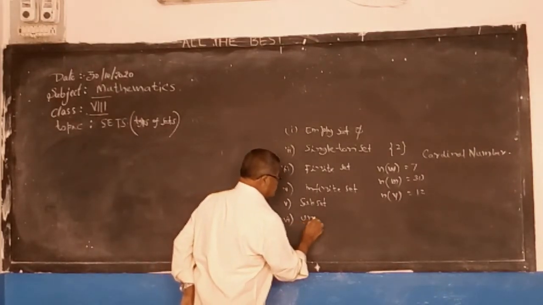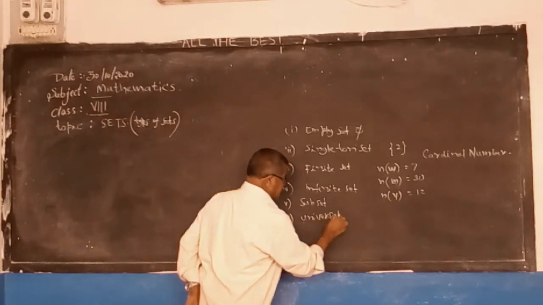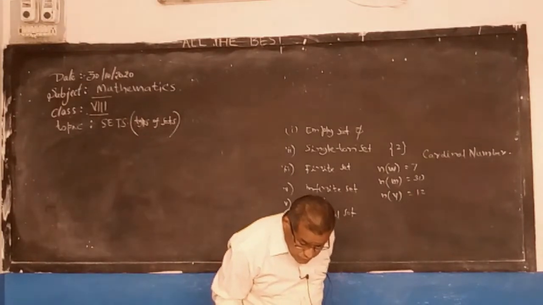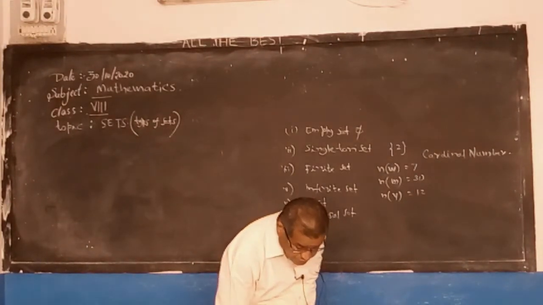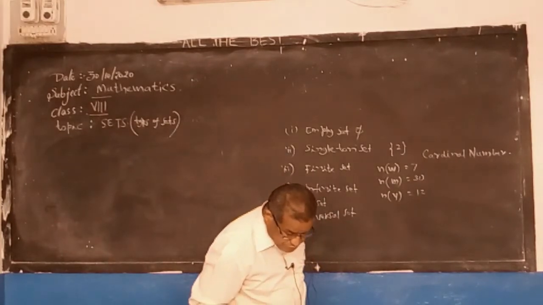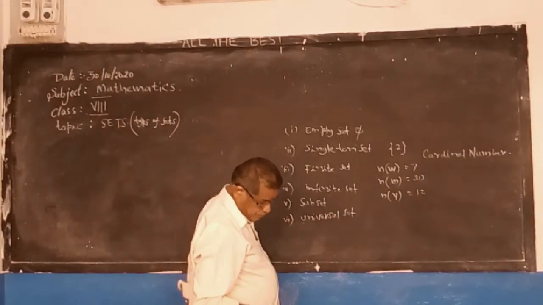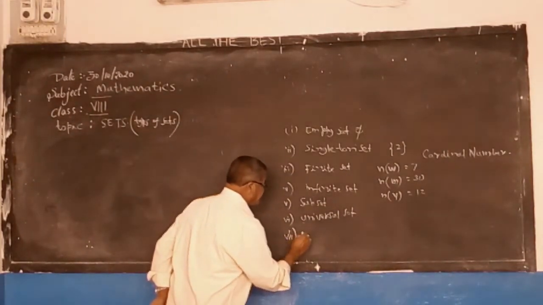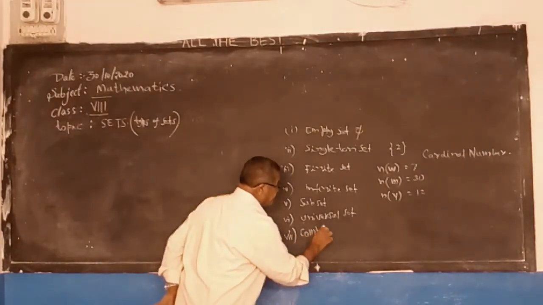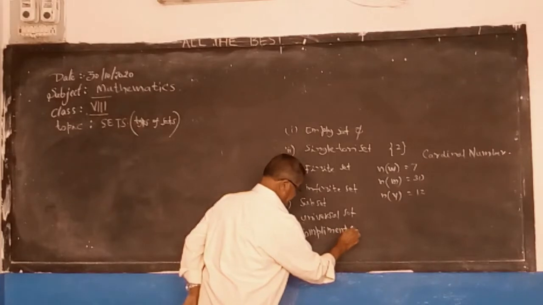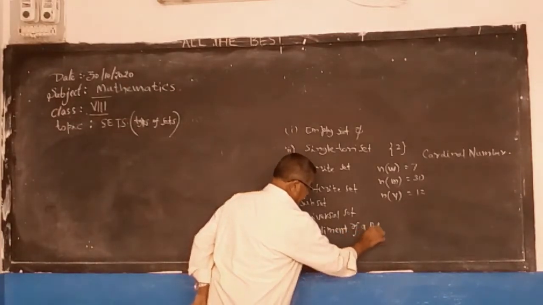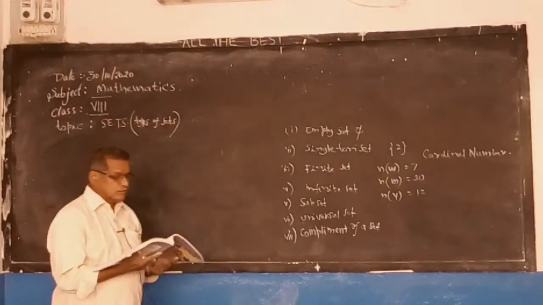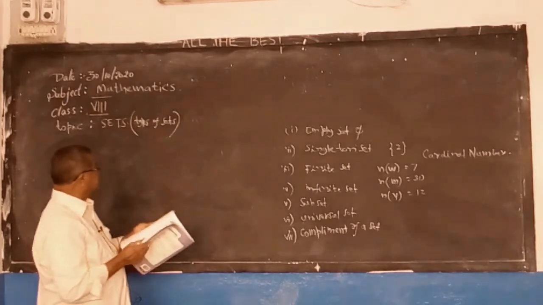Now I will explain this universal set, and the complement of a set. Okay. Now, your textbook gives the next types.